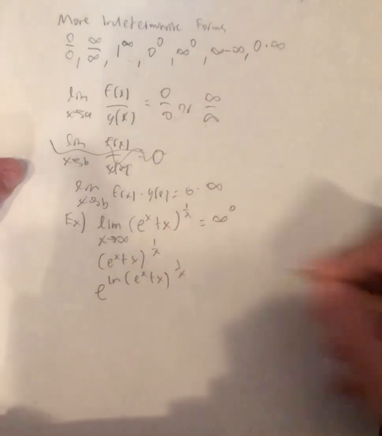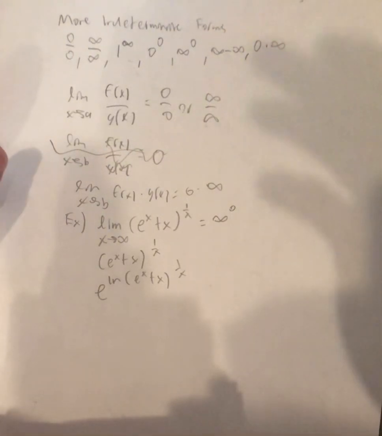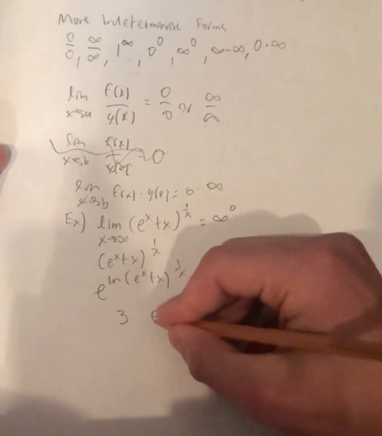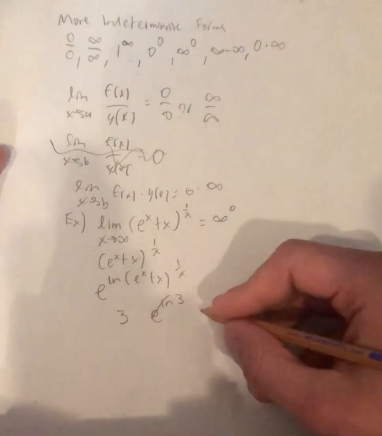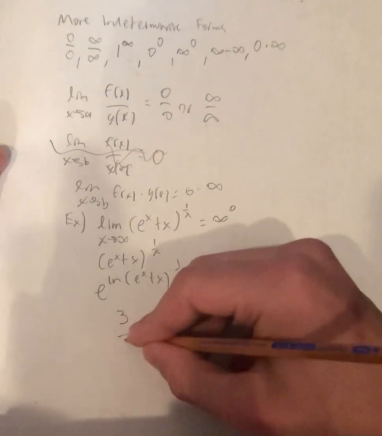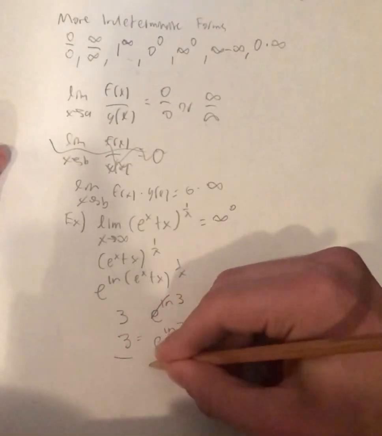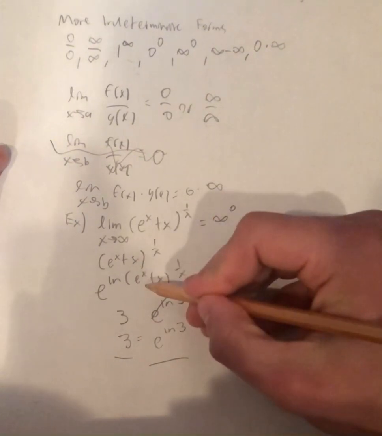The reason we can do this is because of the way e and natural logs work, right? If we have the number 3 and we raise e to the ln of 3, the e's and the ln's will cancel, and this will just be 3. So 3 equals e to the ln of 3. These are both the same number. So that's why we can do this. We converted this into this.